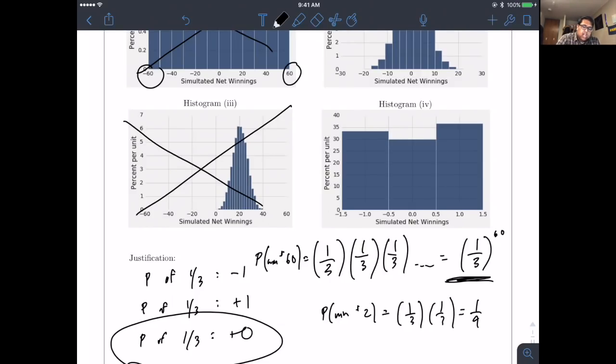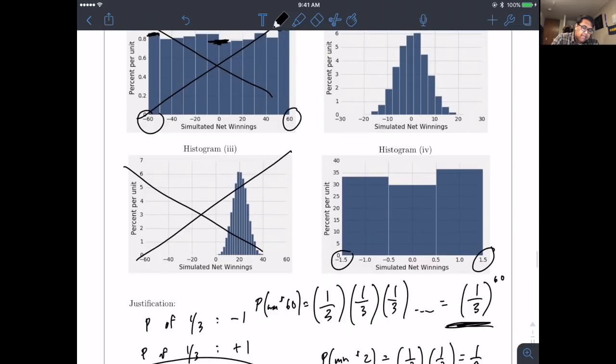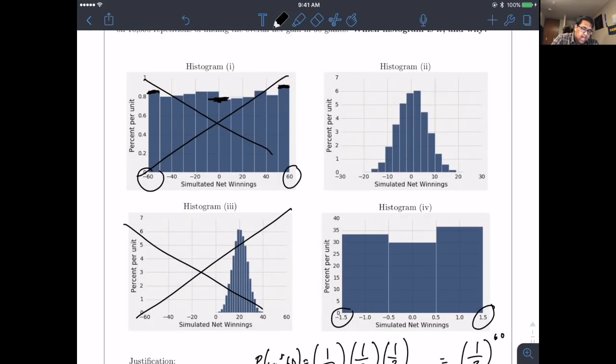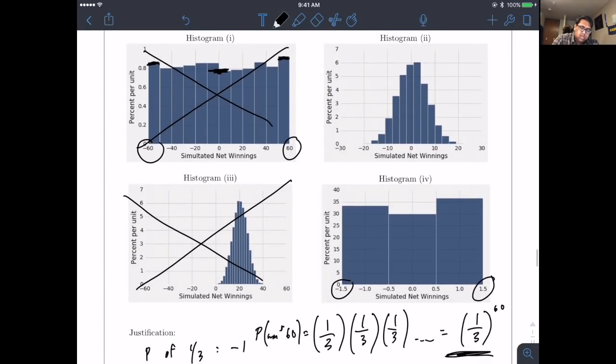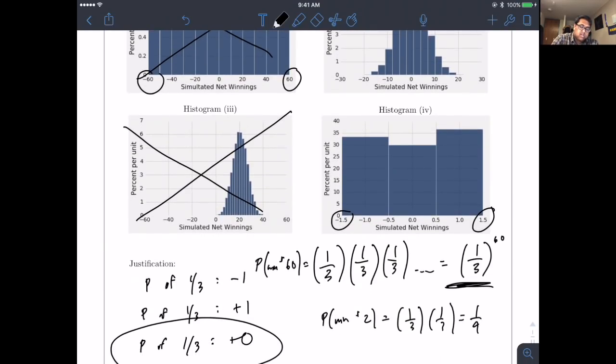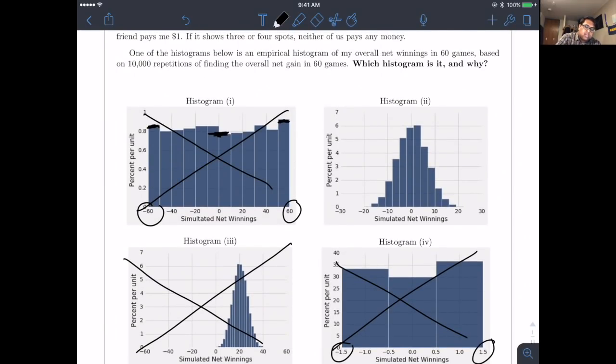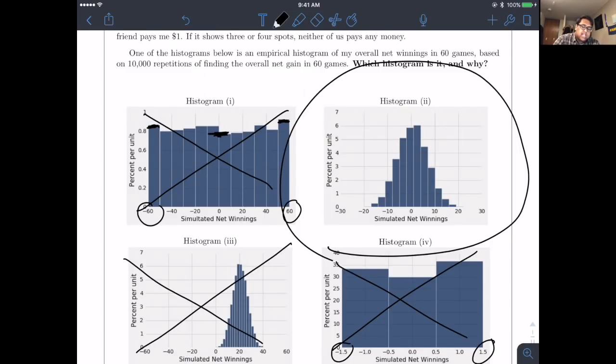Having bins at 1.5 and -1.5 doesn't make sense, because we play this game 60 times, so there's no way the greatest bar is winning 1.5 games. So this graph also does not make any sense. And so we're left with histogram 2, which indeed is the histogram that would represent this, for a number of reasons.